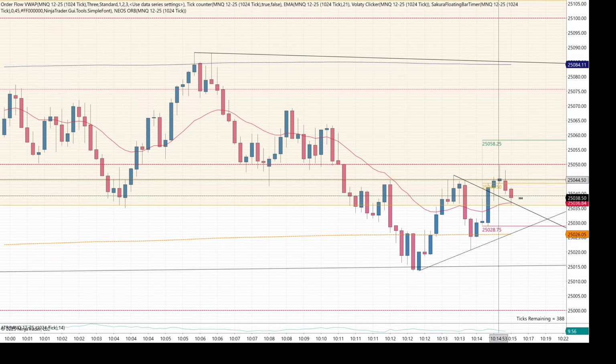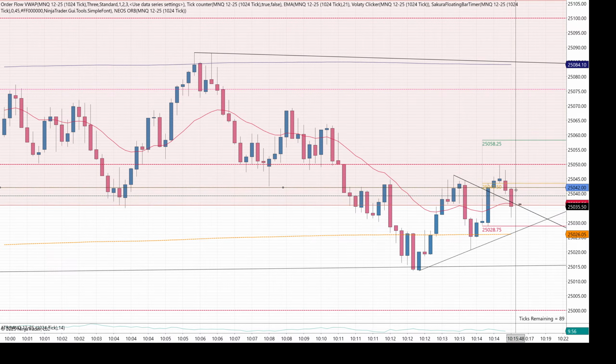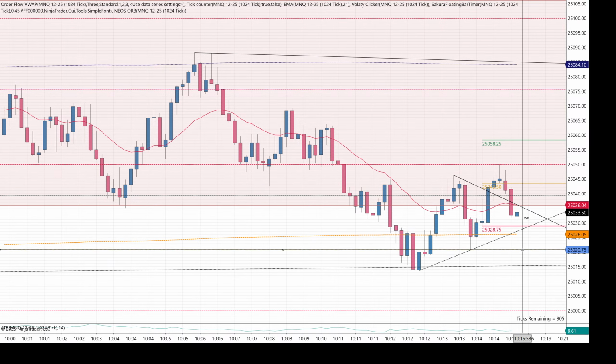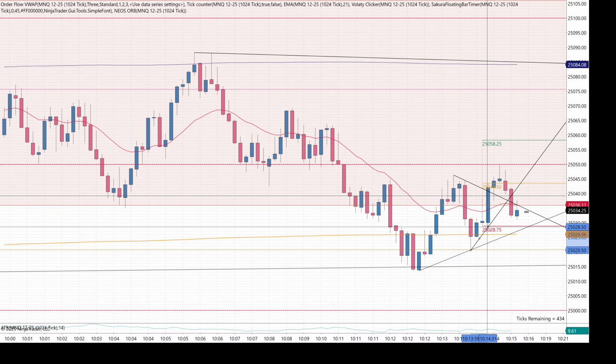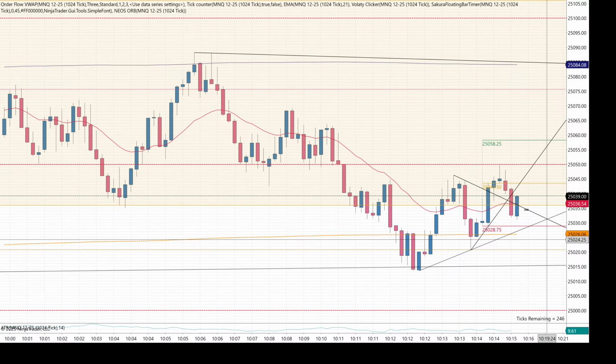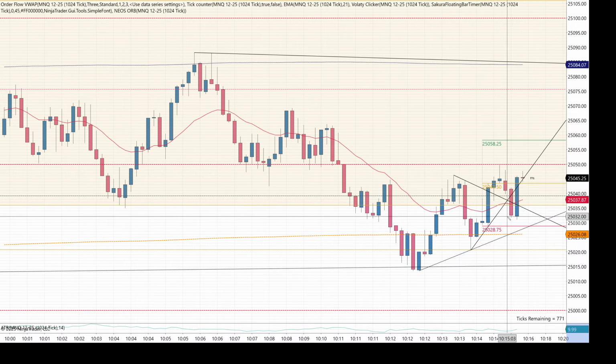We did close above golden ruler with this candle here, so my golden ruler moves down to our last swing, which is down here at 2075.